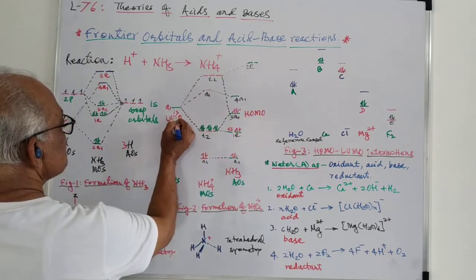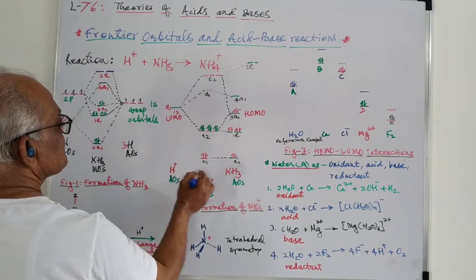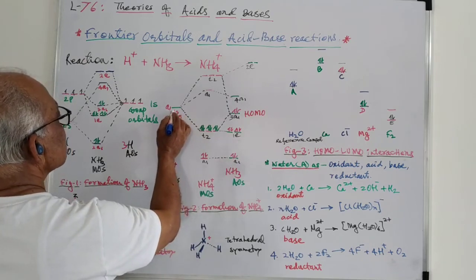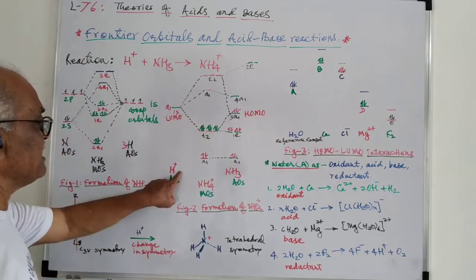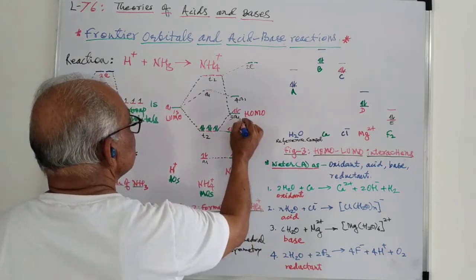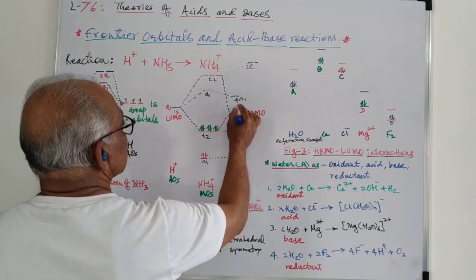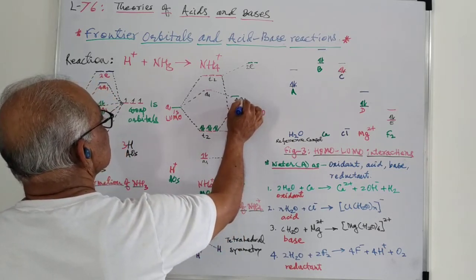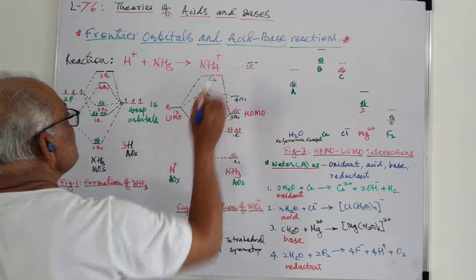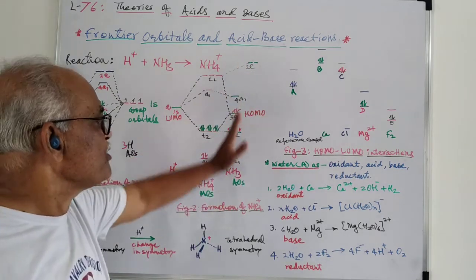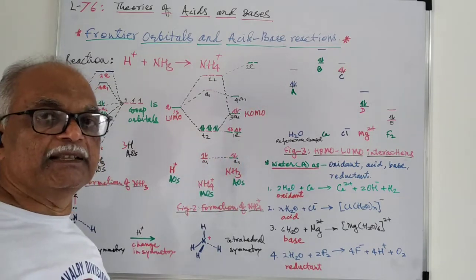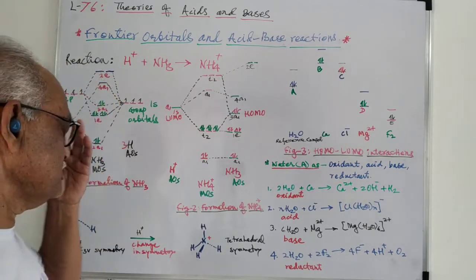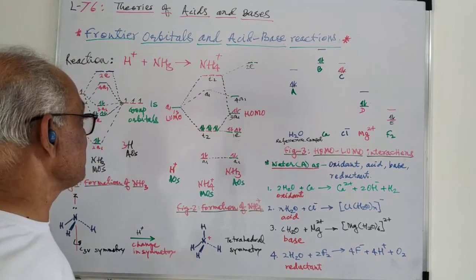So after linear combination between this H plus, the A1 symmetry orbital of 1s of hydrogen H plus, and these orbitals of NH3, that is this A1 symmetry and these 2E symmetry orbitals of ammonia, they will undergo linear combination between the appropriate symmetry orbitals.